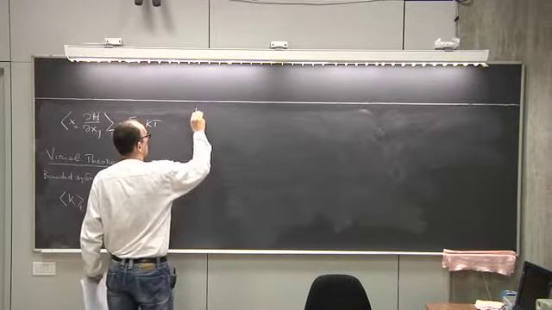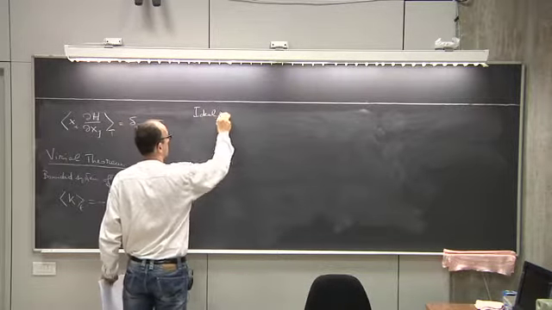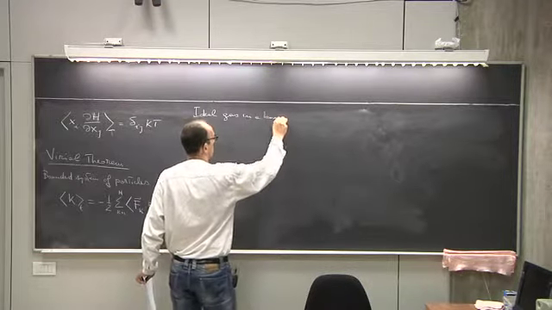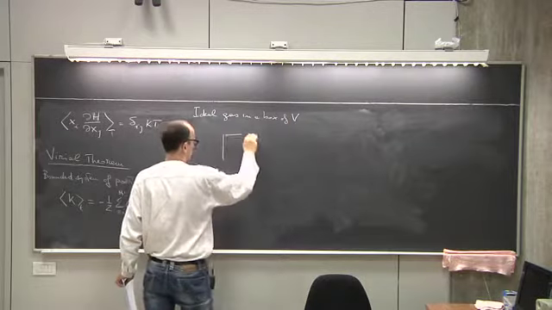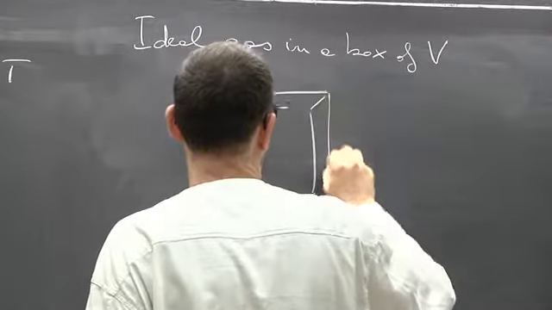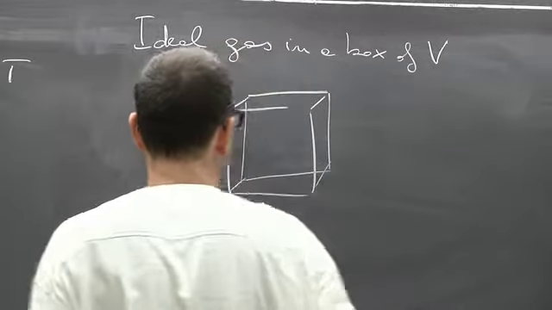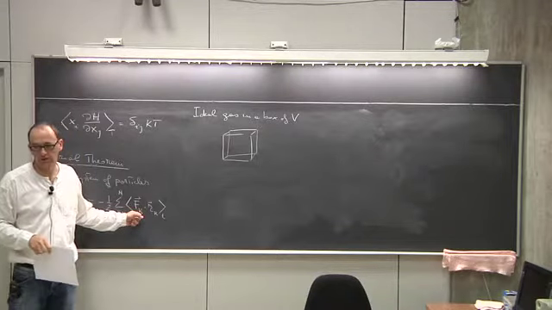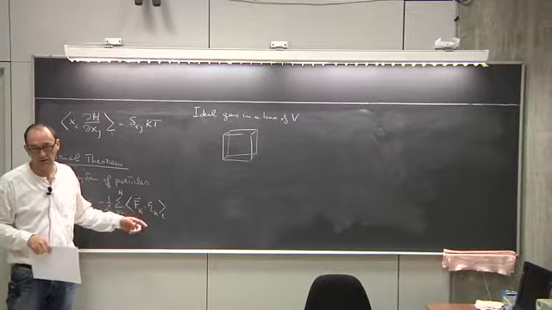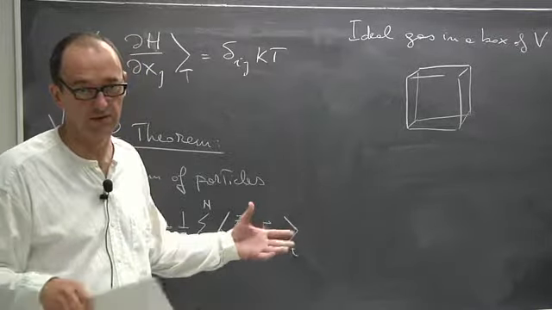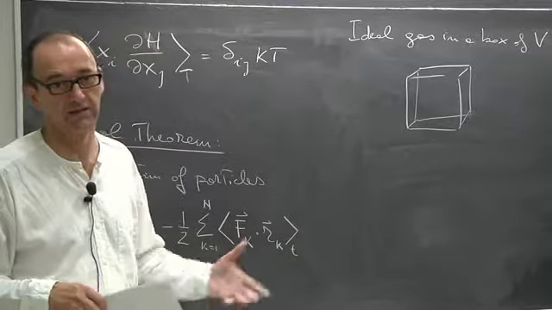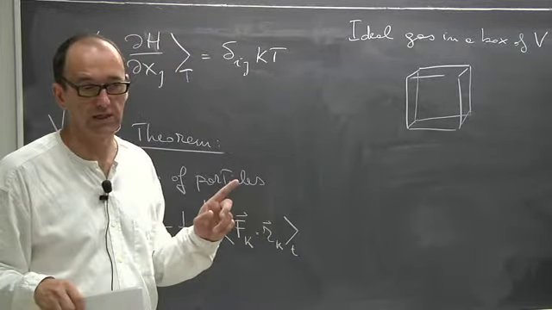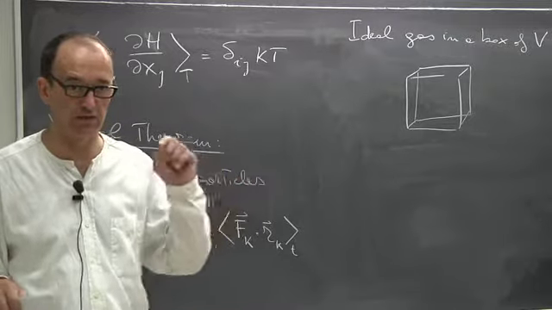If we take an ideal gas in a box of volume V, then the force which acts on the particles, since the particles are independent and non-interacting, is only the one they experience when they bounce on the walls.